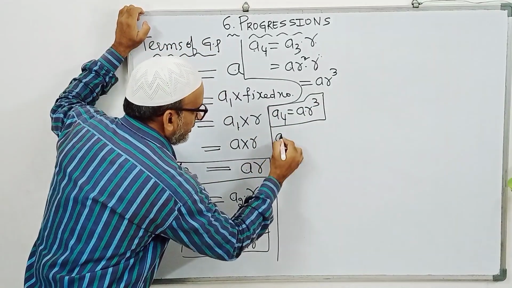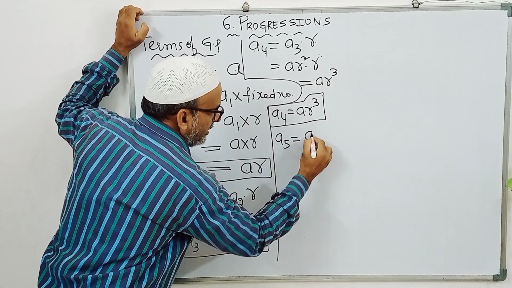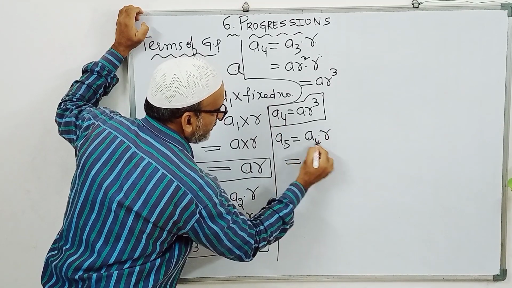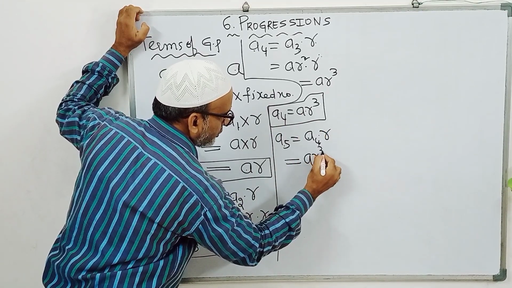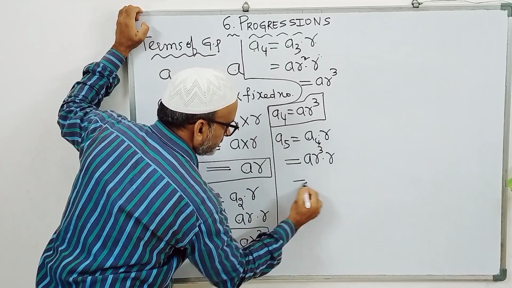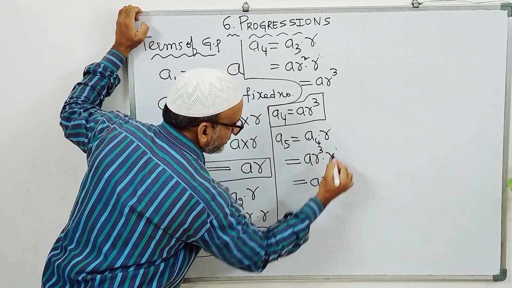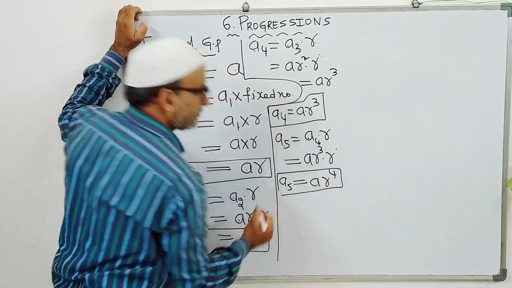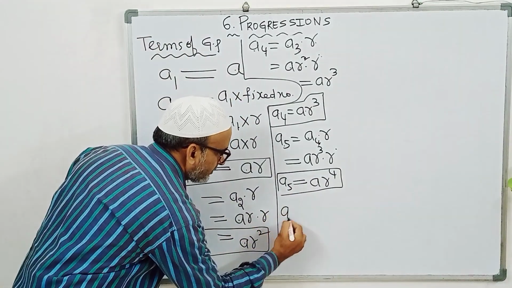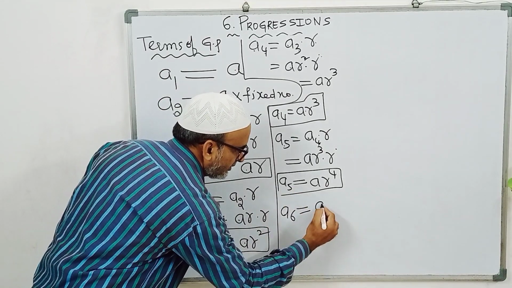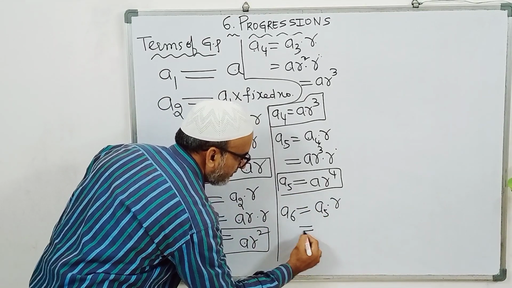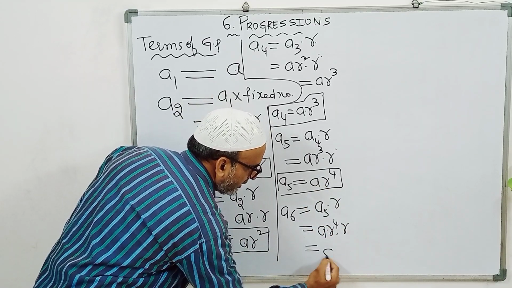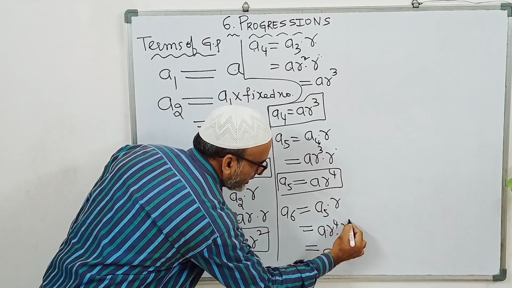Like that a5: its previous number a4 into r. a4's value is a into r cube into r, a into r to the power of 3 plus 1. a6: its previous a5 into r. a5 means a into r to the power of 4, into r, a into r to the power of 4 plus 1.